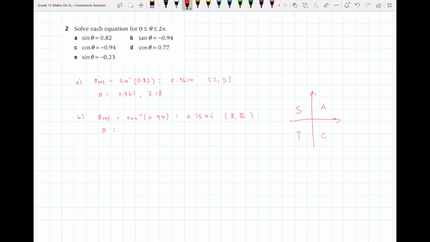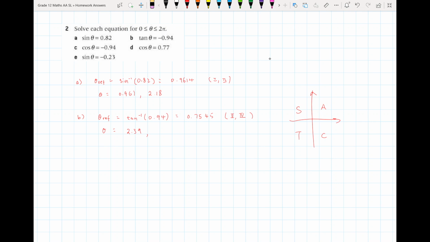So generating those two angles in quadrants 2 and 4, we get pi minus this, and pi plus... sorry, this should be 2 pi minus because I want quadrant 4.